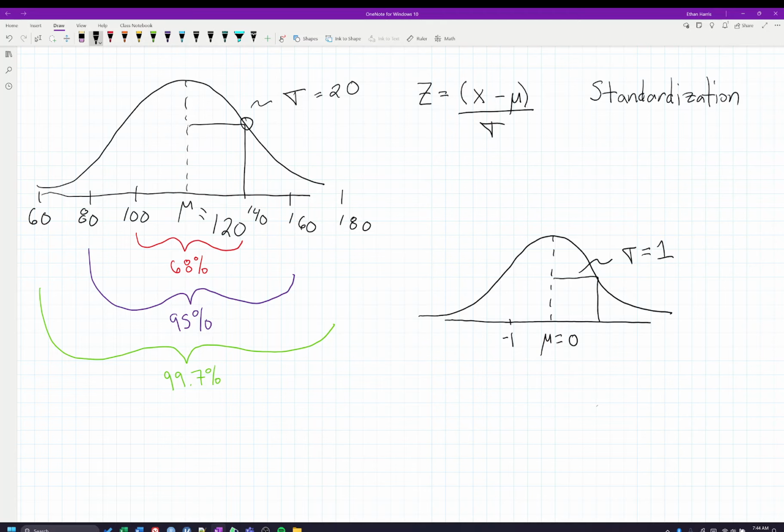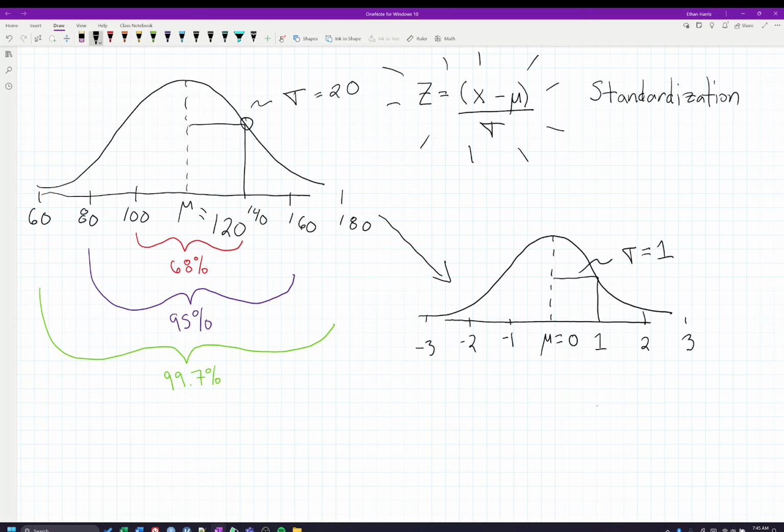So whenever you hear something called standardization of our distributions, we are converting our specific scenario into one where we have the mean as 0, and each standard deviation step is literally 1, and then 2, and then 3. That's called standardization.